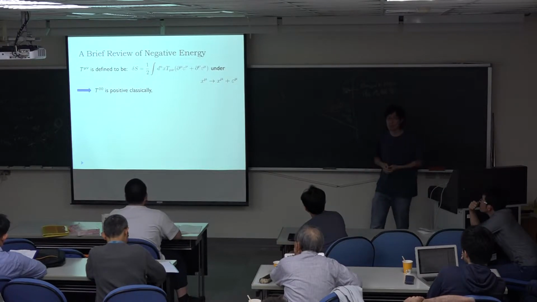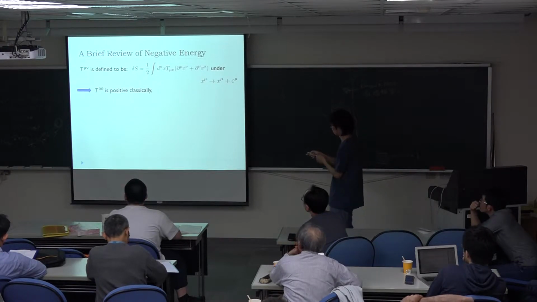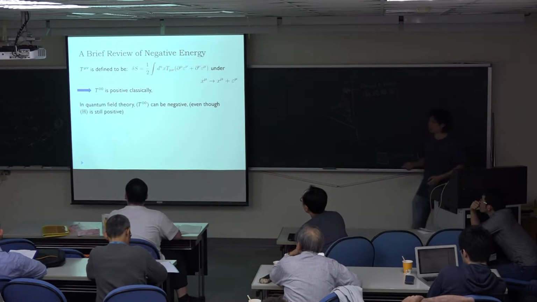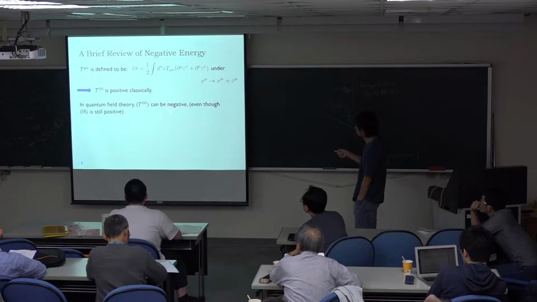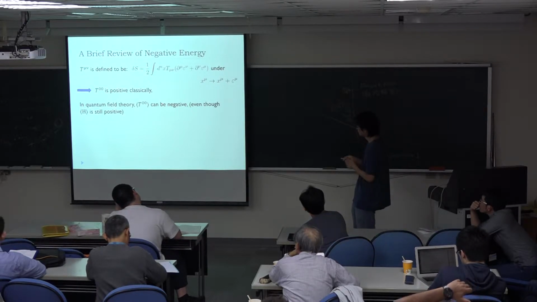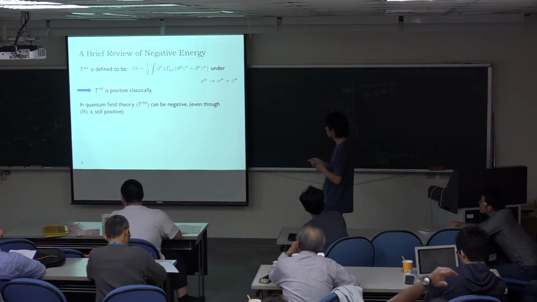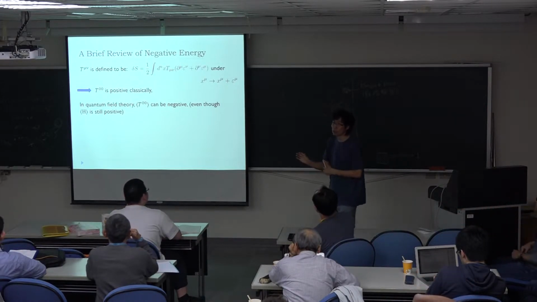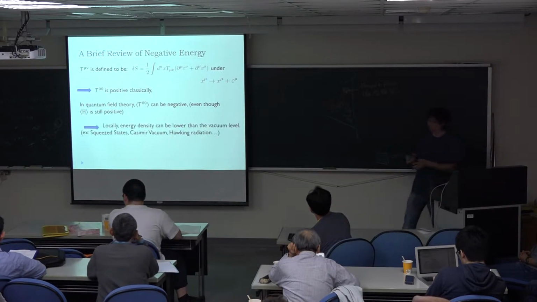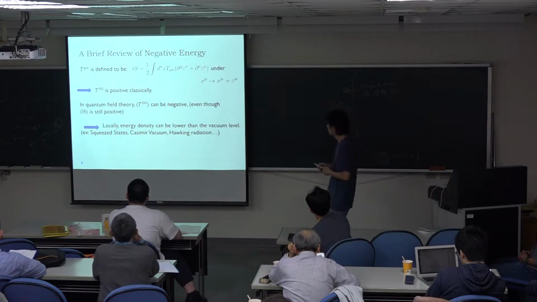However, in quantum field theory, in general, this quantity could be negative. When I say energy is negative, I mean the energy density. If you integrate over space, then the Hamiltonian defined in a sensible quantum field theory still needs to be positive, even though locally it could be negative. Negative just means it is lower than the vacuum energy level.